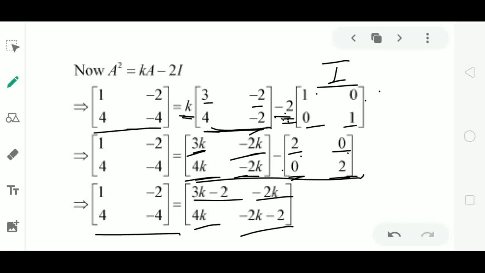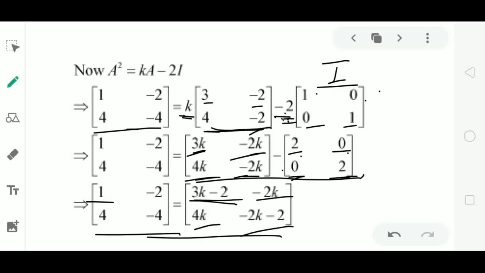Since we have equality between two matrices and we know that two matrices are equal only when the corresponding elements are equal, let us equate the corresponding elements, that is first element of the matrix in the LHS equal to first element of the matrix in the RHS.